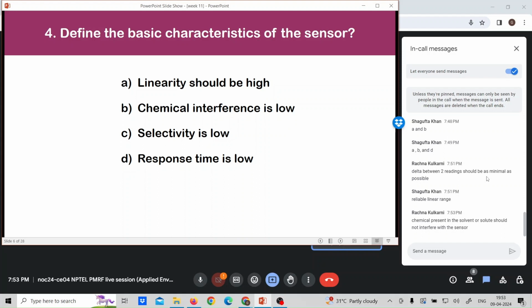And for selectivity, we'll get a definition and discuss all of it together and see what the right answer is. Interference is something other than the analyte, right?